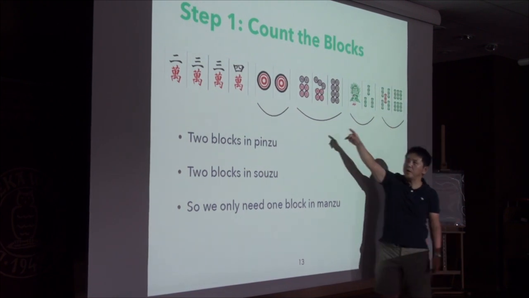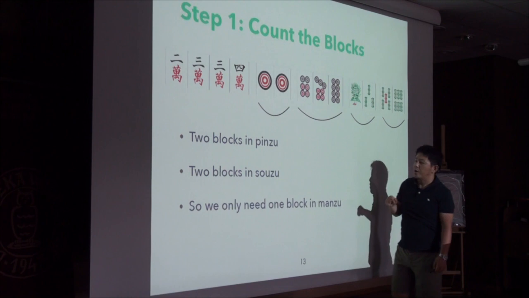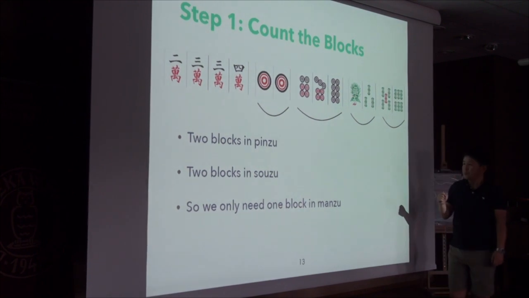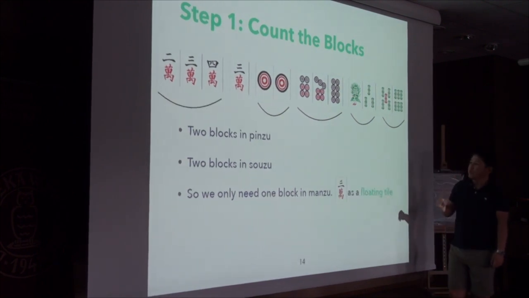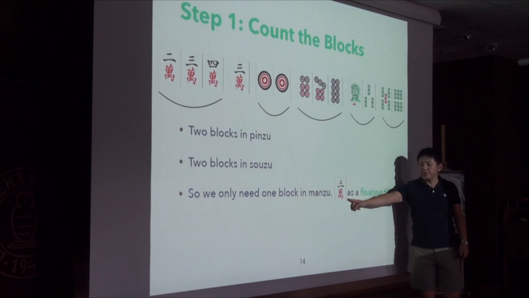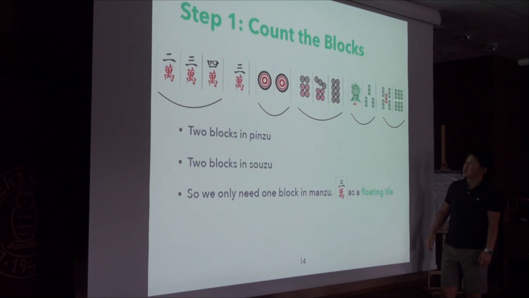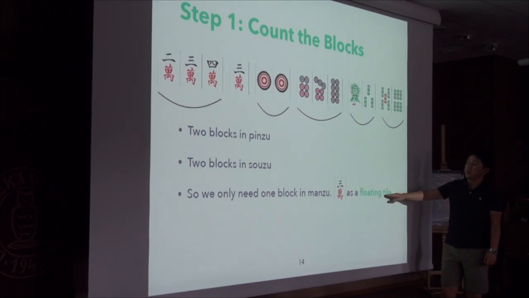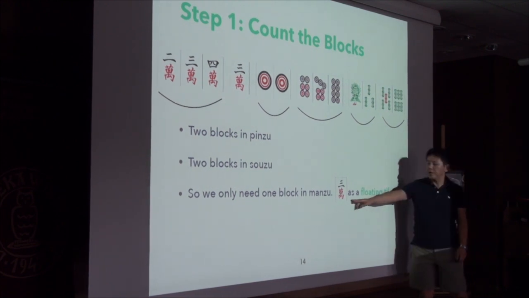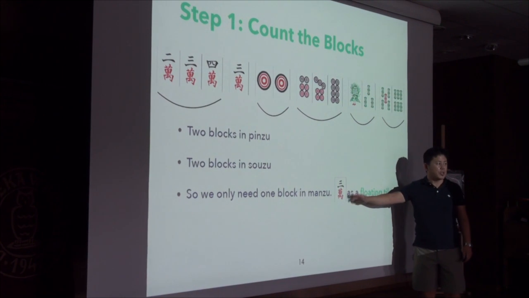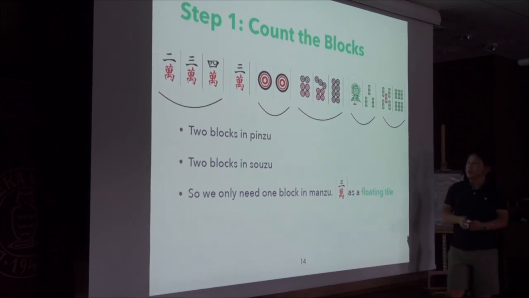So we only need 1 block in characters. So we view this tile as a floating tile, which could be turned into an additional block, but right now this is a floating tile, a tile that is floating around, right?